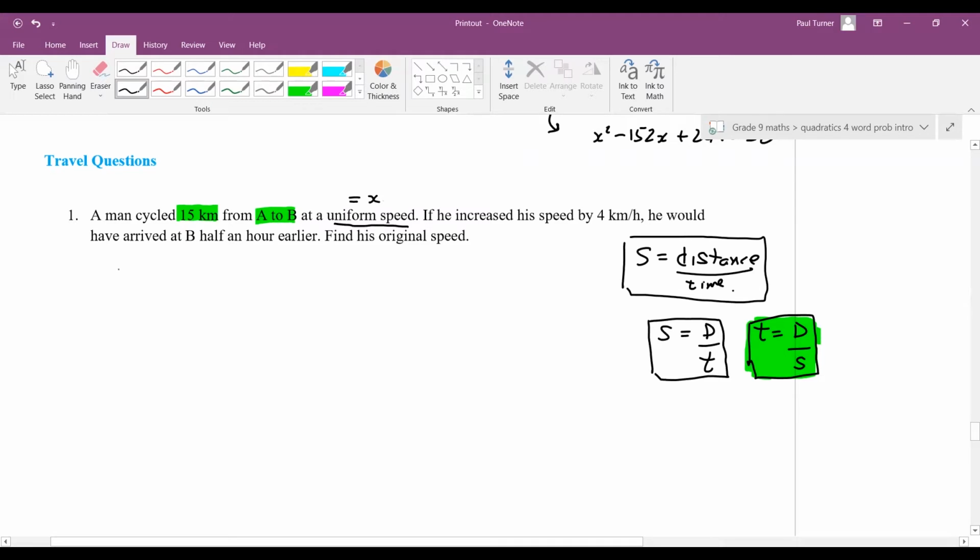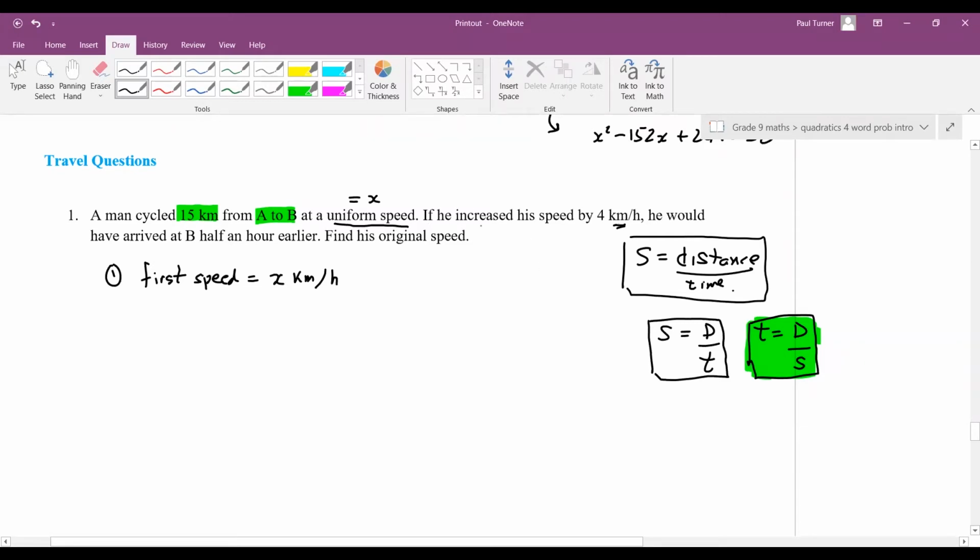So this is the initial or the first speed. Let's call this the first speed we're talking about, or the original speed. Let's call that X kilometers per hour. It looks like we're using kilometers per hour. It didn't actually say here, but this part indicates we're using kilometers per hour, not meters per second or other kind of speeds like that.